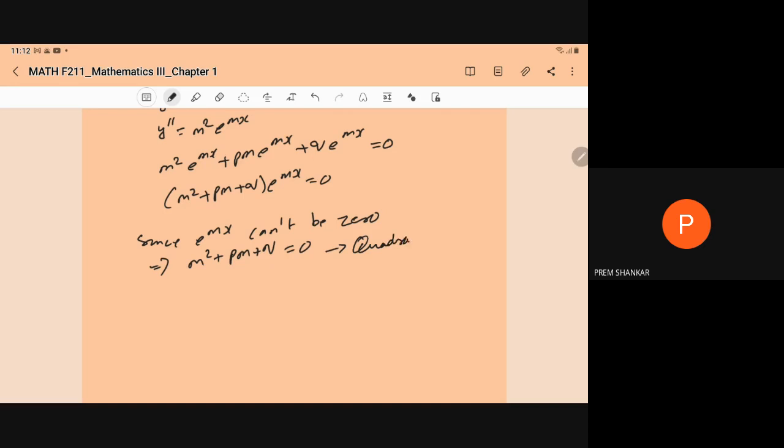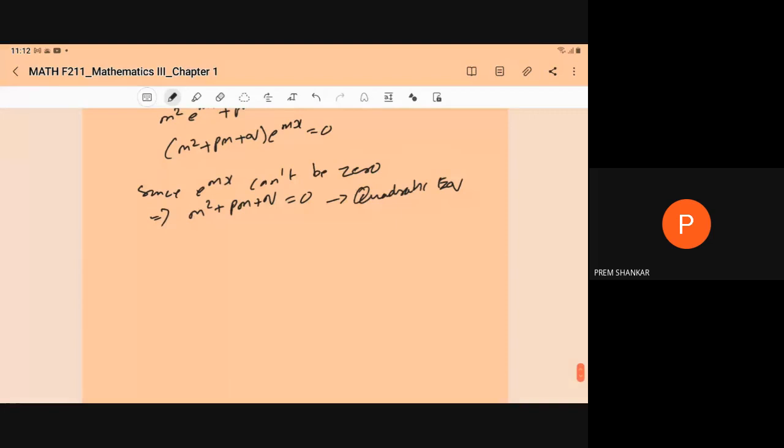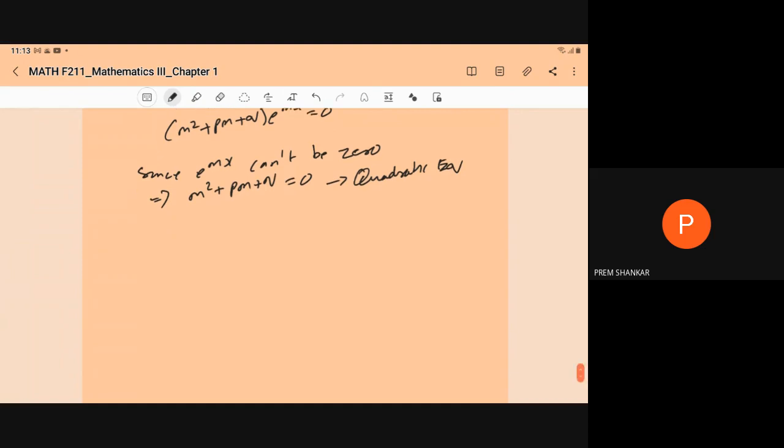A quadratic equation will come when we take a second order differential equation. If you take a higher order differential equation, then you will get a higher order polynomial, which means as you increase the order of the derivative, the order of the polynomial will also increase. Presently we are studying only the second order differential equation, but the rule for higher order will be the same, right?